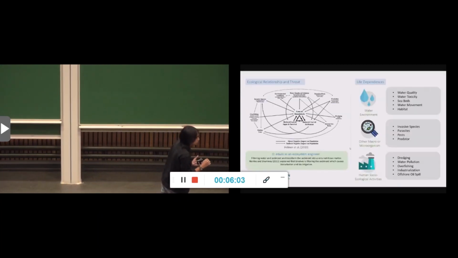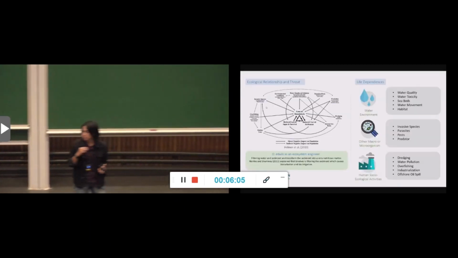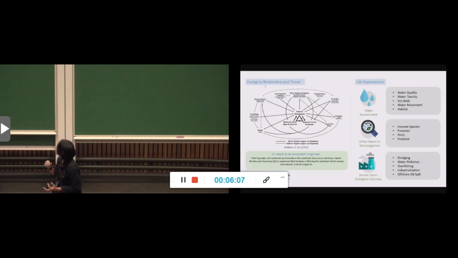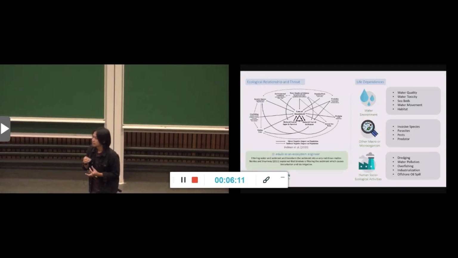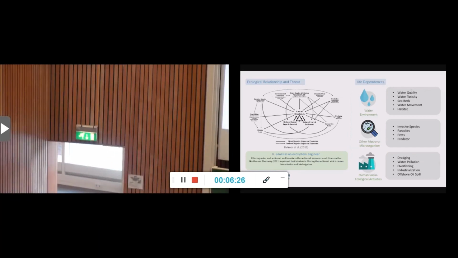The next part is pretty complicated, I guess. The ecological relationships and threats, we divide into three points. The first one is the water environment: water quality, water toxicity, seabeds, water movement, habitat.